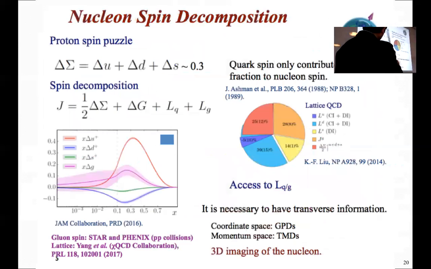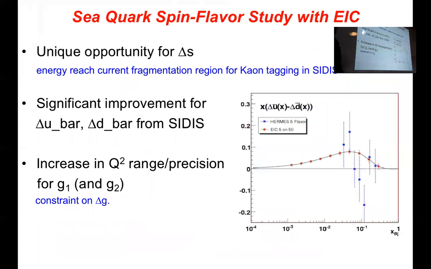This is one of the decompositions, and JLab also has a collaboration trying to do the global fit of that. So we understand to a certain level, but there is still quite a bit unknown. In particular, the orbital momentum, we have very little knowledge of.